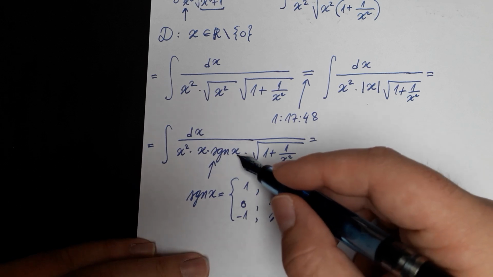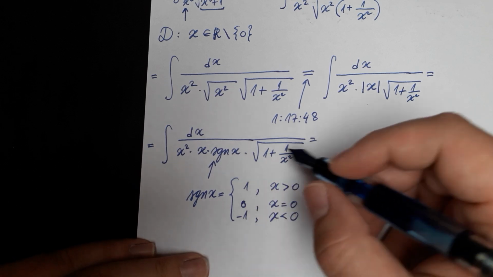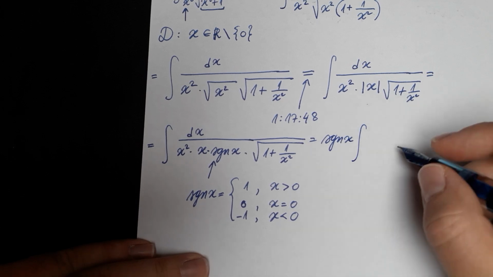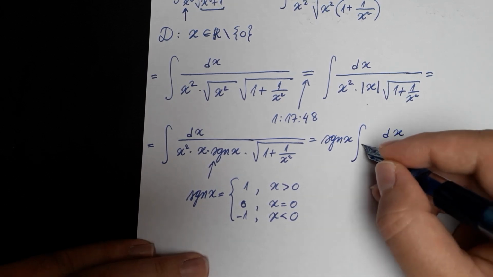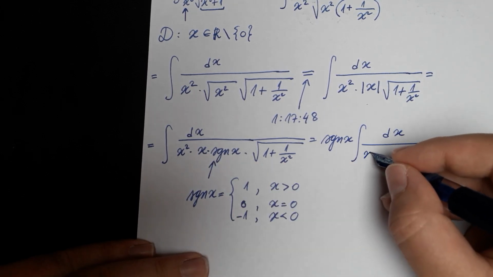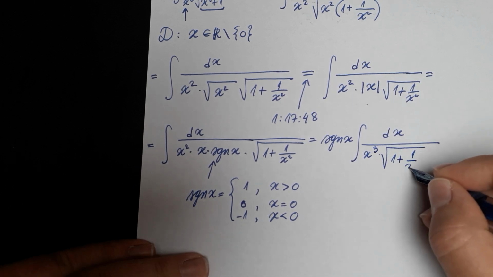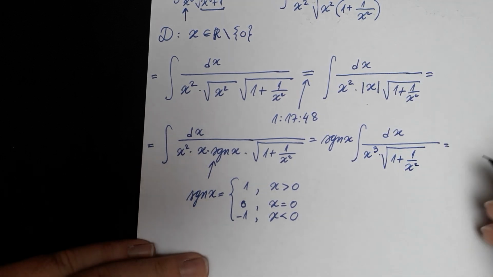So the signum function of x is a constant, so it can go in front of the integral sign, and we are left with dx divided by x cubed times the square root of 1 plus 1 divided by x squared.